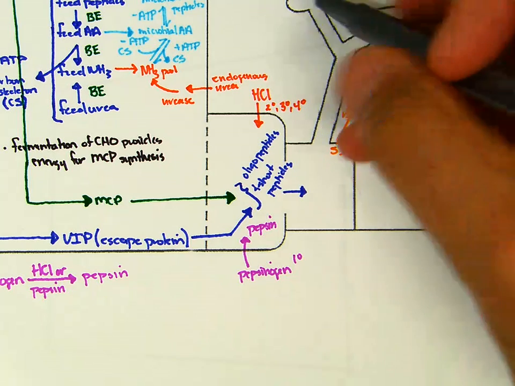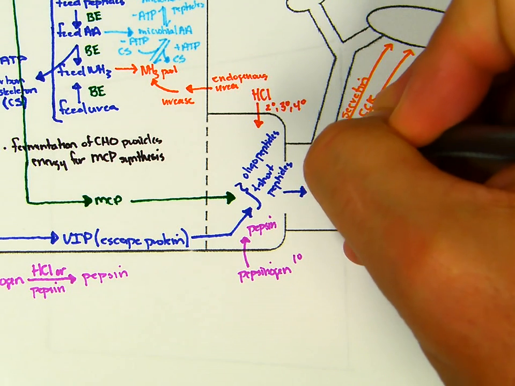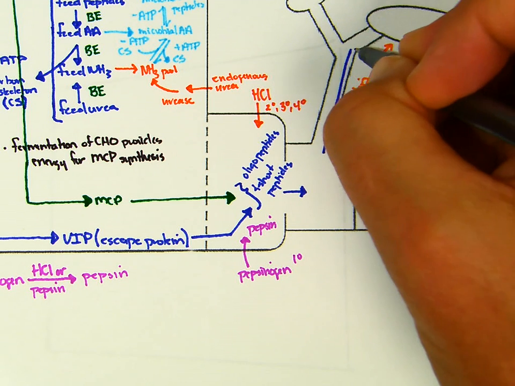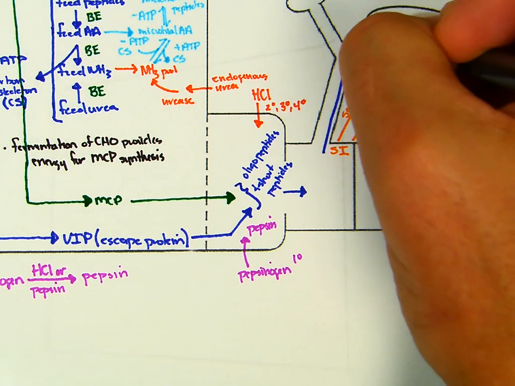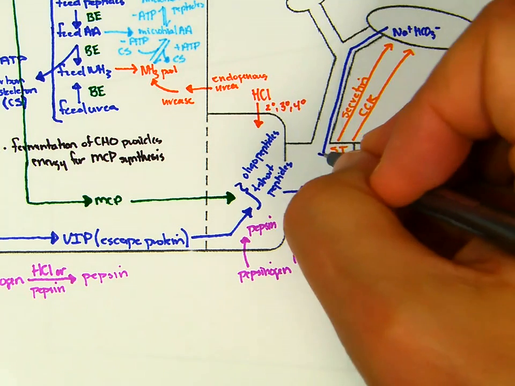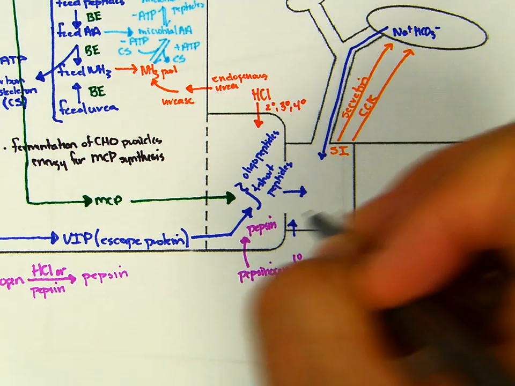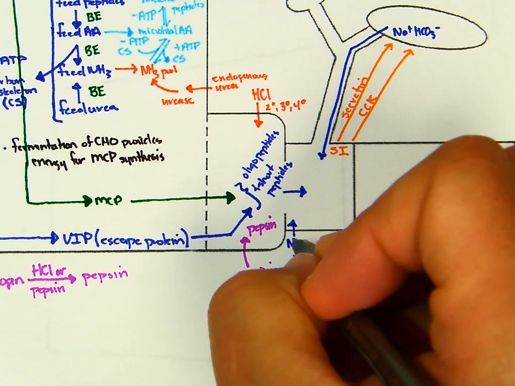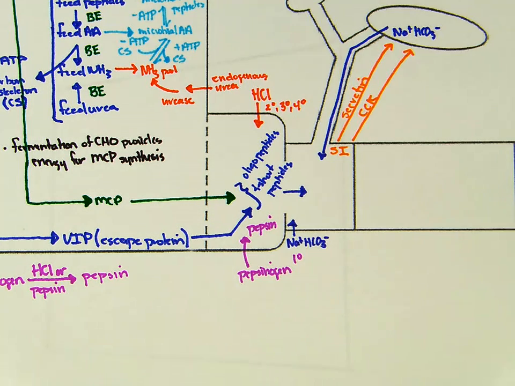This is going to act on the pancreas to produce two things, two secretions, Na+ and HCO3-. And while we're doing that, we'll just go ahead and show the small intestine also producing the buffer to raise the pH.